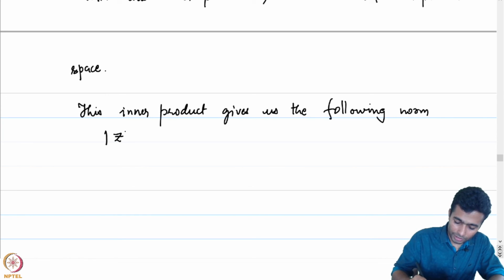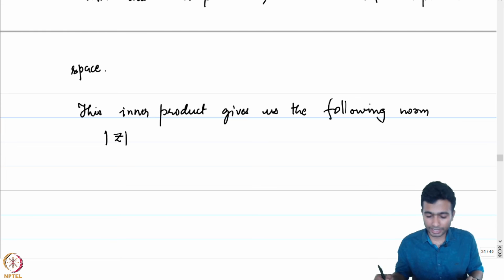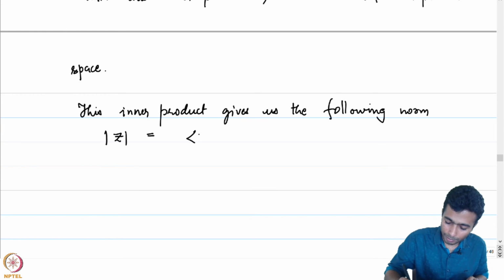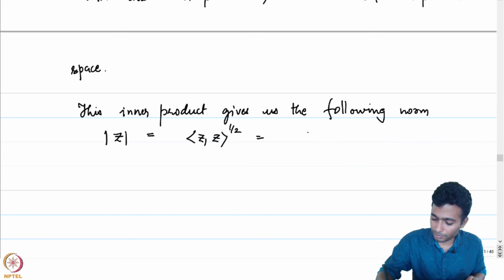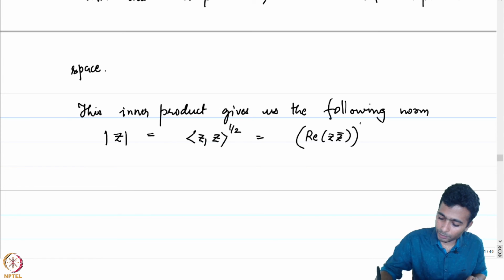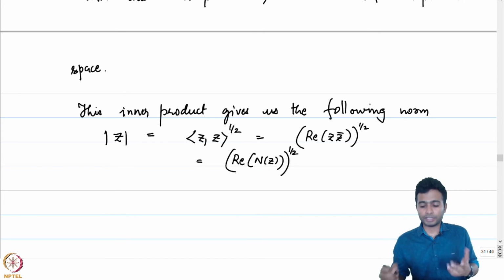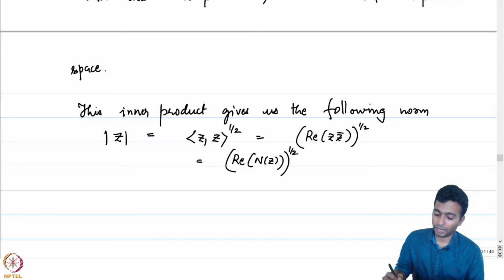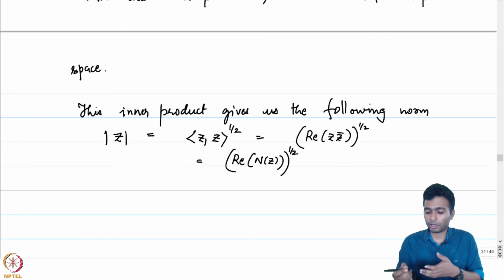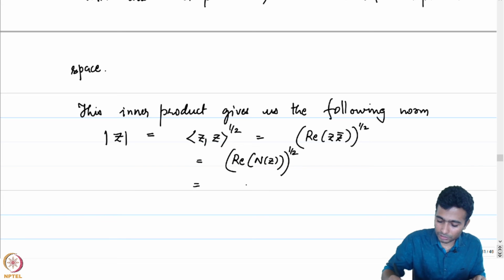The norm of an element z will just be the inner product of z with itself to the power 1 by 2, which is basically the real part of z z bar to the power 1 by 2, which is equal to the real part of n of z. You see, n of z has featured in now. But n of z is always a real number. And what do we know about the real part of a real number? It will be the real number itself. So this is just n of z to the power 1 by 2.